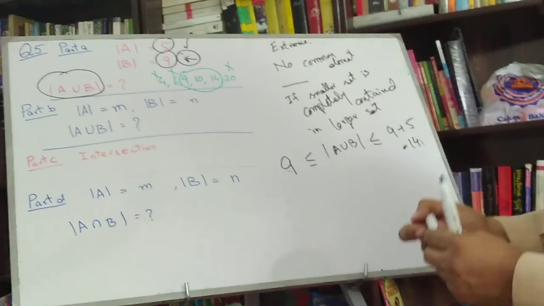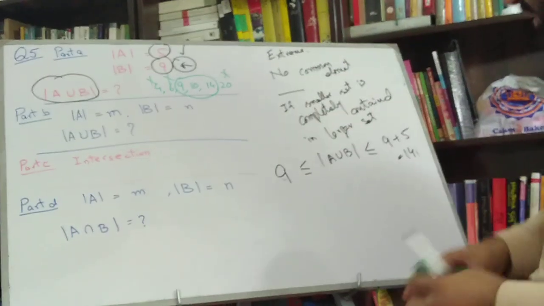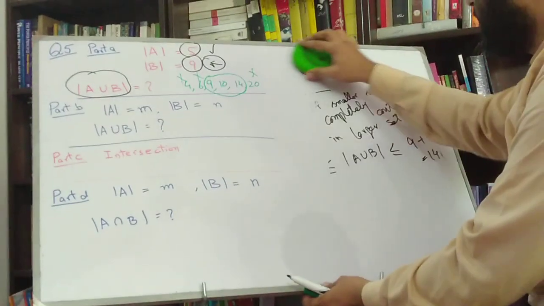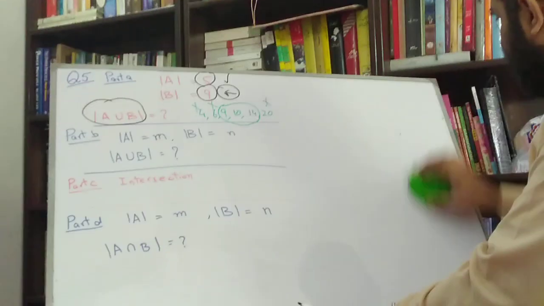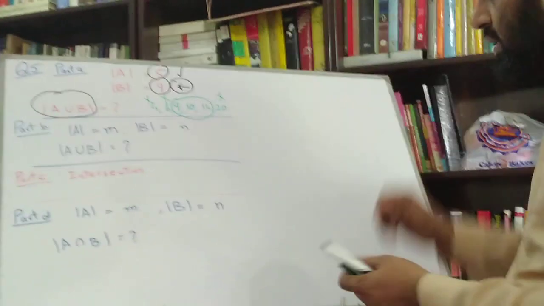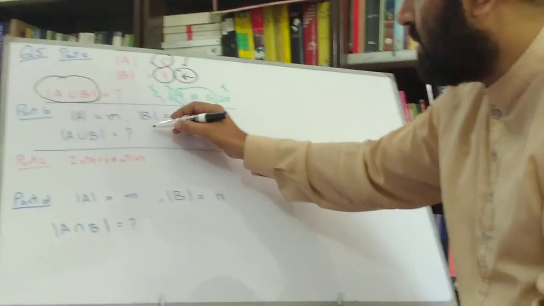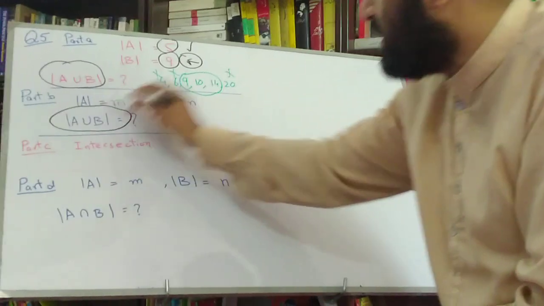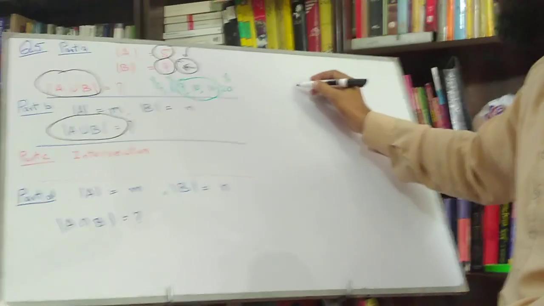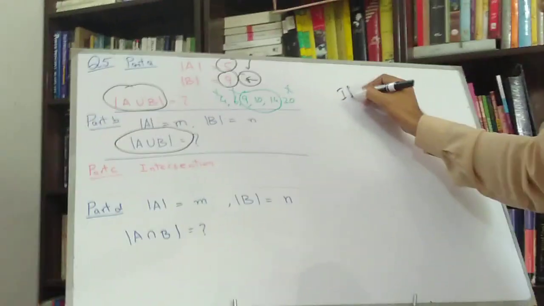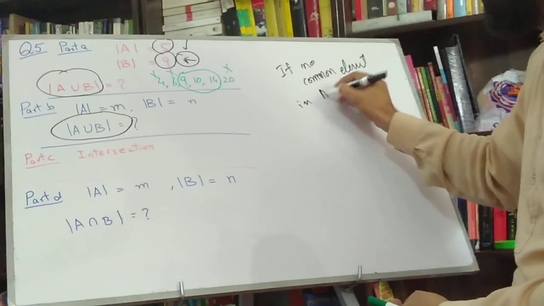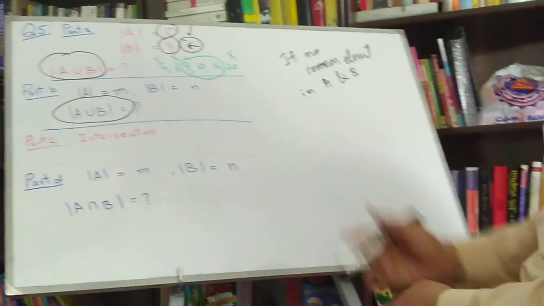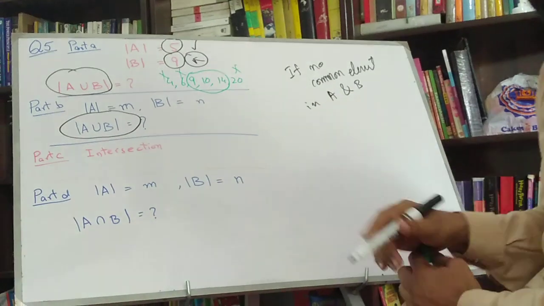Fine. Part B is just a generalization of part A. In part B, they say if the size of set A is M and the size of set B is N, what will be the cardinality of A union B? We have just solved it. In the extreme case, if there is no common element in A and B, all elements of A and all elements of B will come in the union.